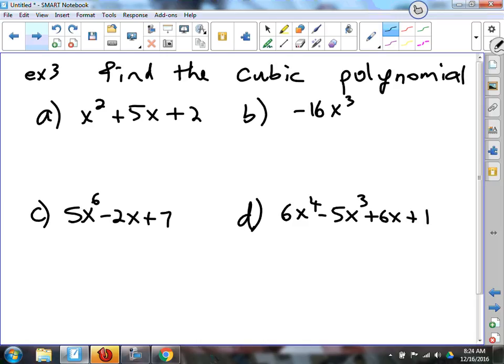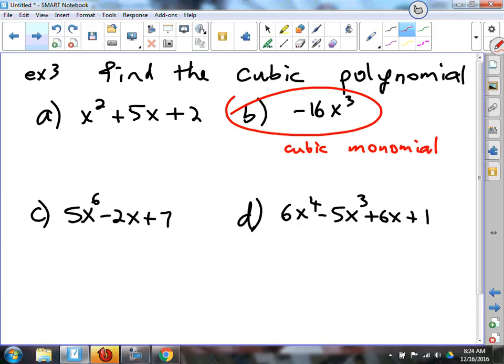Which one of those is the cubic polynomial? The top right one. Even though it's a cubic monomial, keep in mind that the word polynomial can refer to any one of these things that we're talking about.